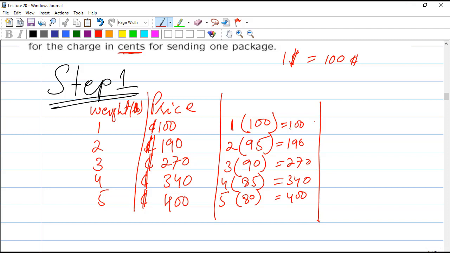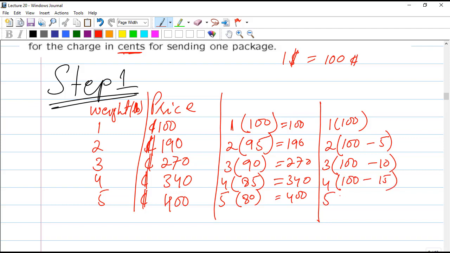If we make it like this, 1 into 100, it is straightforward, but 2 into 95, that is 100 minus 5, 3 into 100 minus 10, 4 into 100 minus 15, 5 into 100 minus 20.